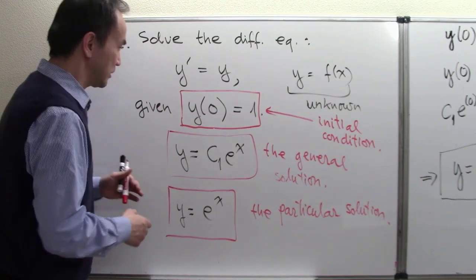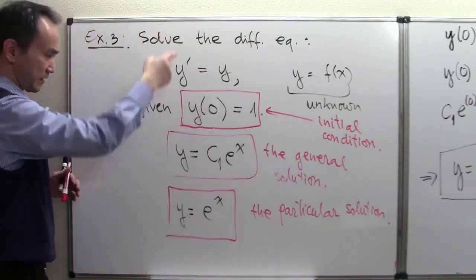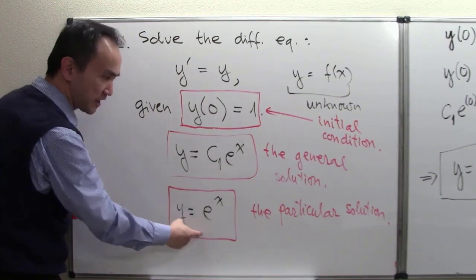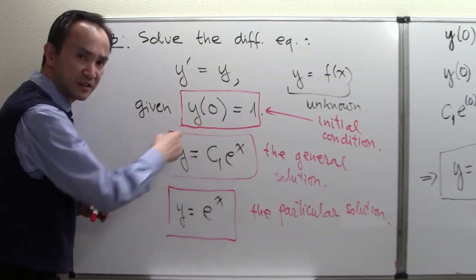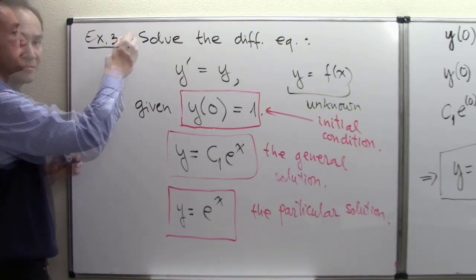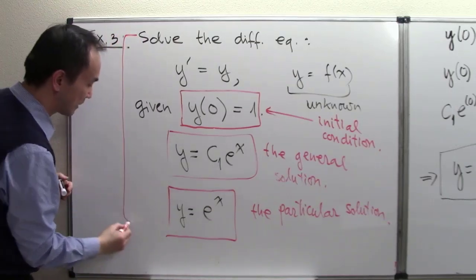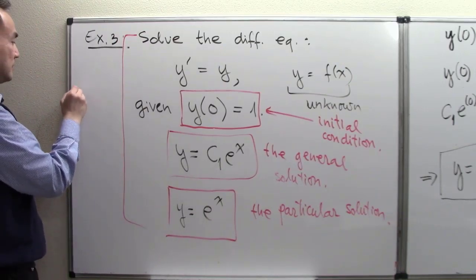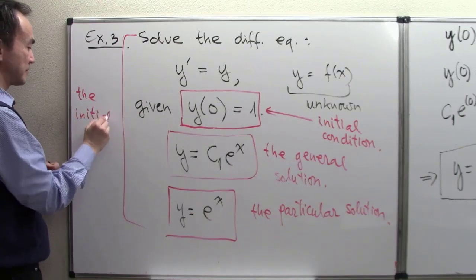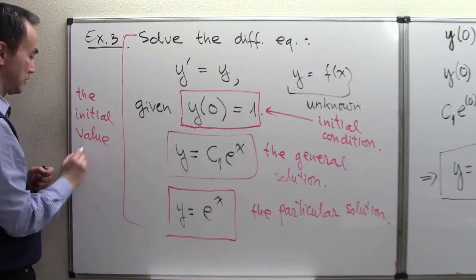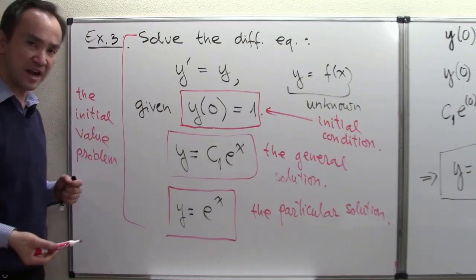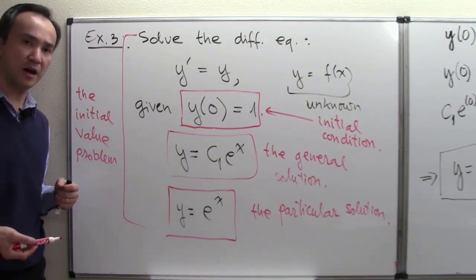And then the whole problem, from finding the general solution and then routing ourselves down to finding the particular solution based on the given initial condition, is referred to as the initial value problem. All right, so the problem we have right here is one among the initial value problems out there.